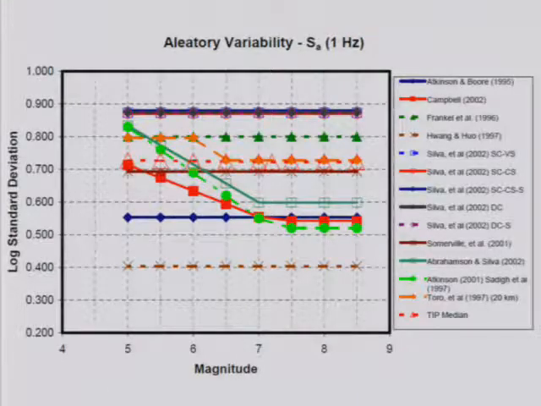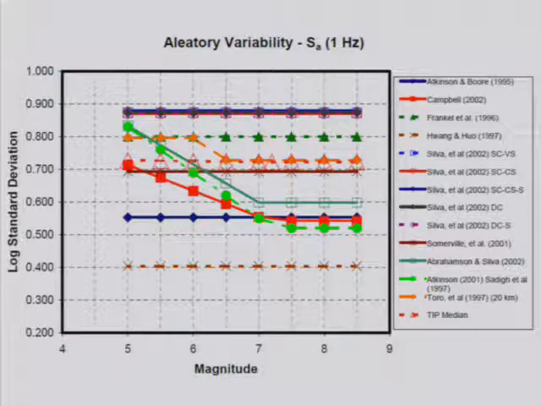Something does need to be done. This is from the EPRI 2004 report. It's an illustration of sigma in effect: the epistemic uncertainty on sigmas for central and eastern United States ground motions. These are all the models here, and these are their sigma values against magnitude, mostly homoscedastic, some heteroscedastic models, but an enormous variation.